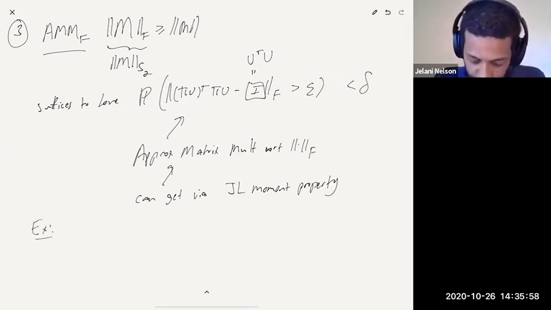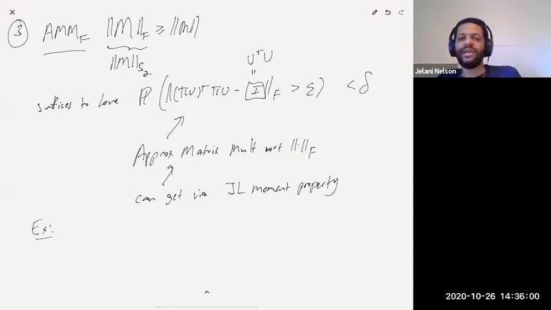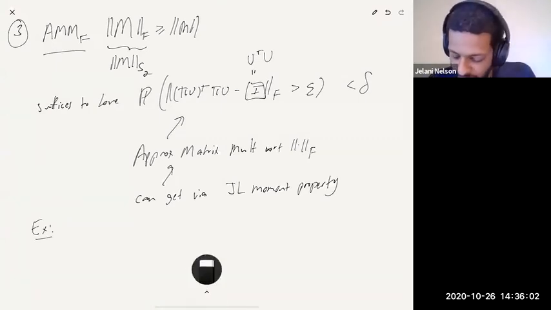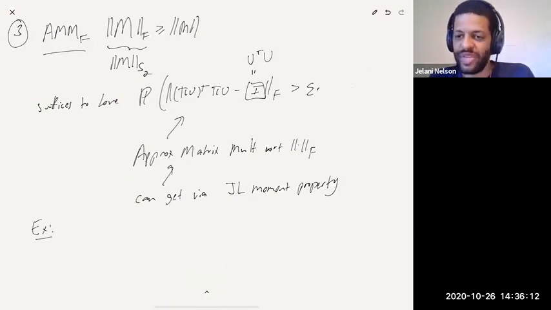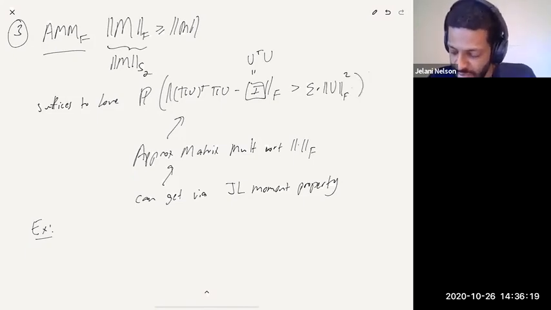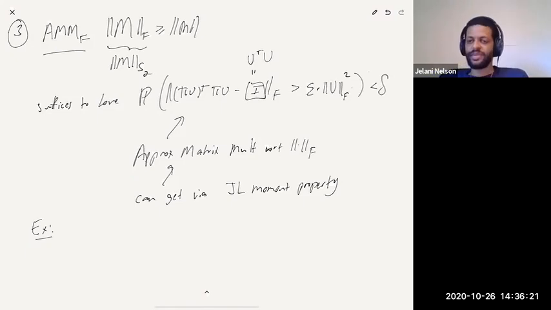Oh, and by the way, in approximate matrix multiplication, you would actually have epsilon times the norm of A times the norm of B. So that'd be times the norm of A, which is U, times the norm of B, which is just U again, so squared. That would be AMM.